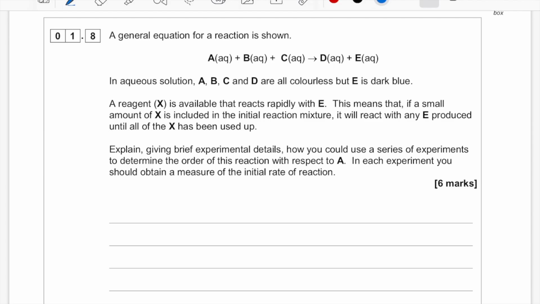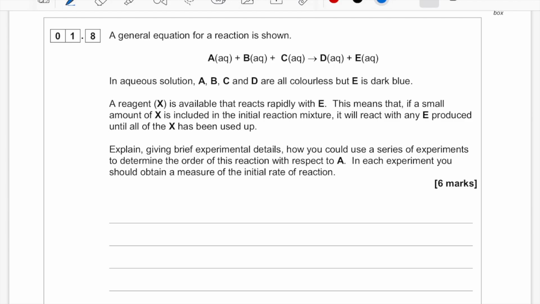So our sign that the reaction has happened is that the appearance of E will turn the solution dark blue. So what we can expect to be measuring is the time it takes for the solution to turn blue.